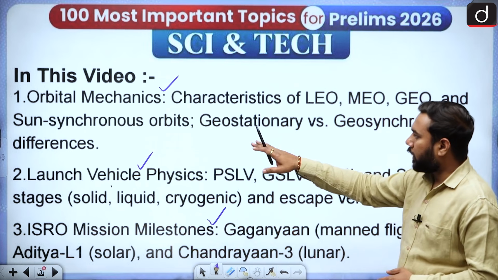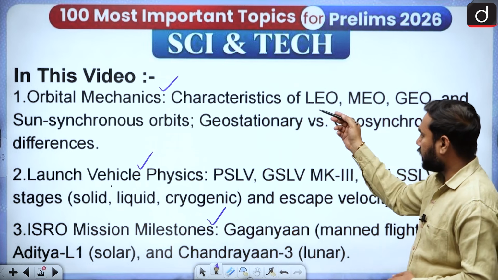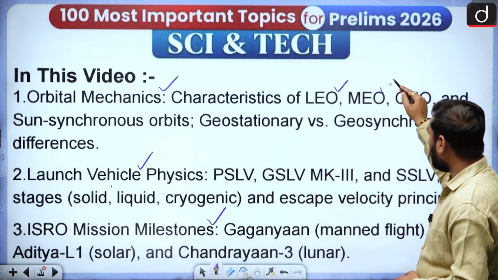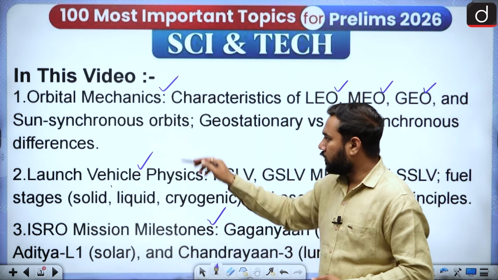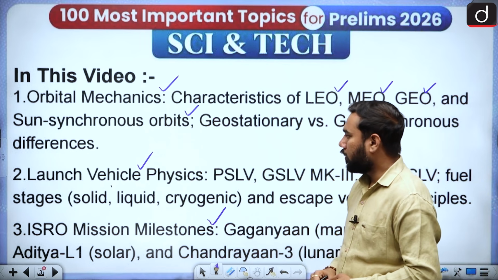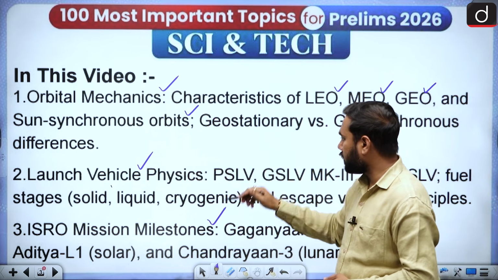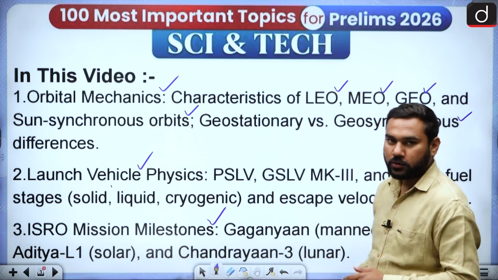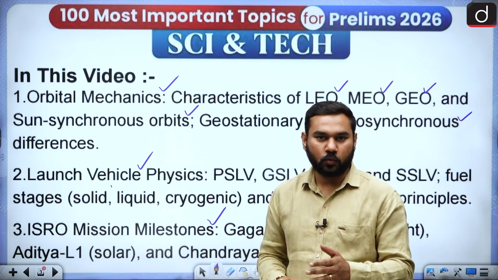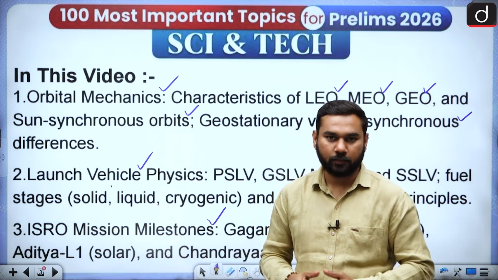Under the orbital mechanics we are going to know about the characteristics of LEO, MEO and GEO, and also we have to look at the Sun-synchronous orbit, but the most important perspective is geostationary versus geosynchronous. Because UPSC is always very interested to ask questions from the orbital system.